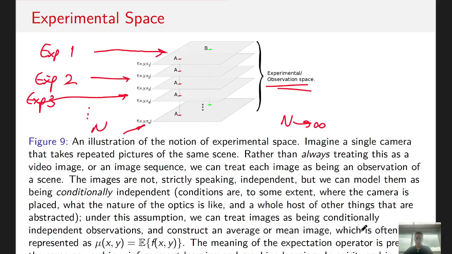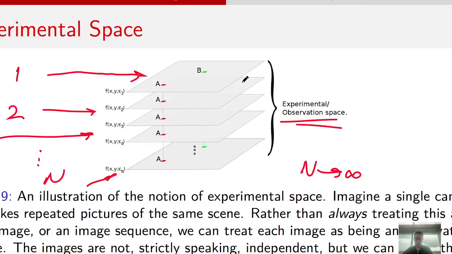So let's illustrate it on this diagram here. Let's again look at this particular experiment 3. I'm going to zoom in slightly. I think it's worked. Okay, so here we are, zoomed in a little bit.